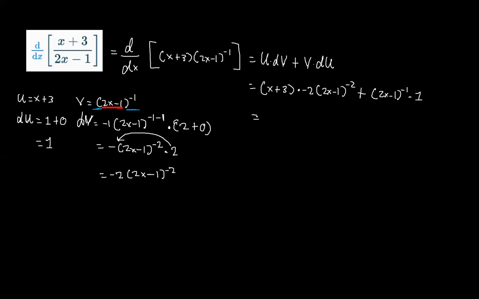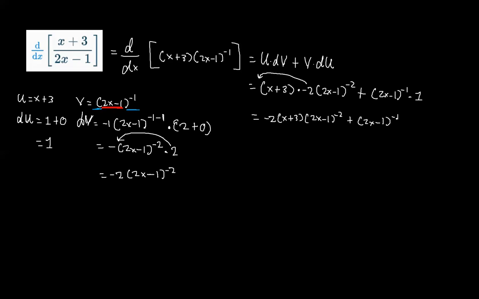So what we're going to do here is just simplify. First, I'm going to put negative 2 in front, so this would be negative 2 times x plus 3 times 2x minus 1 raised to negative 2. Then here, 1 times 2x minus 1 raised to negative 1 will just give you 2x minus 1 raised to negative 1.